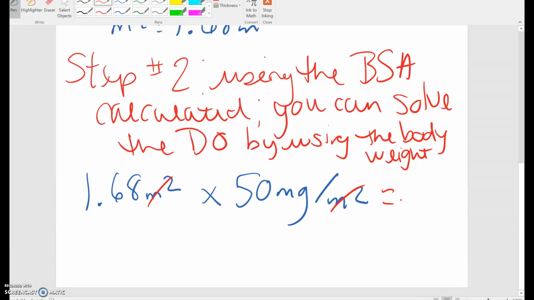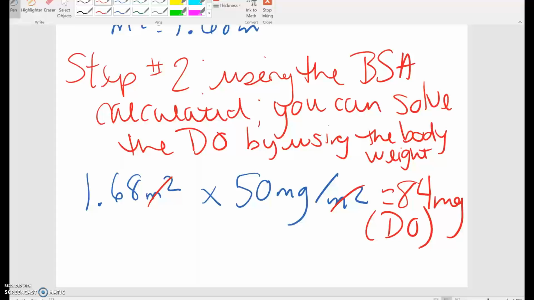So now all you need to do is take 1.68 and multiply it by 50. And your answer is 84 milligrams. That is the dose ordered. That is how much the patient should be receiving, which is 84 milligrams of this medication.